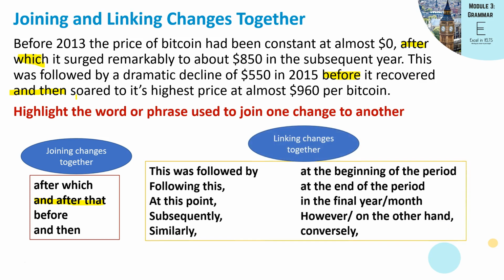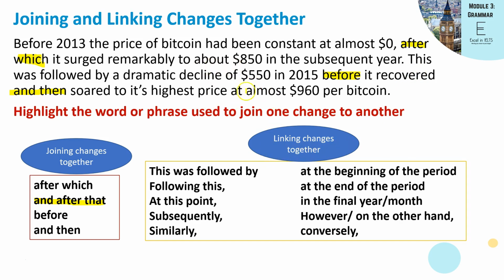You can also use these linkers. Linkers are different to joiners in the sense that they come at the beginning of the sentence, not in the middle of the sentence. They're connecting the previous sentence to the following sentence, and that's why they're equally important.